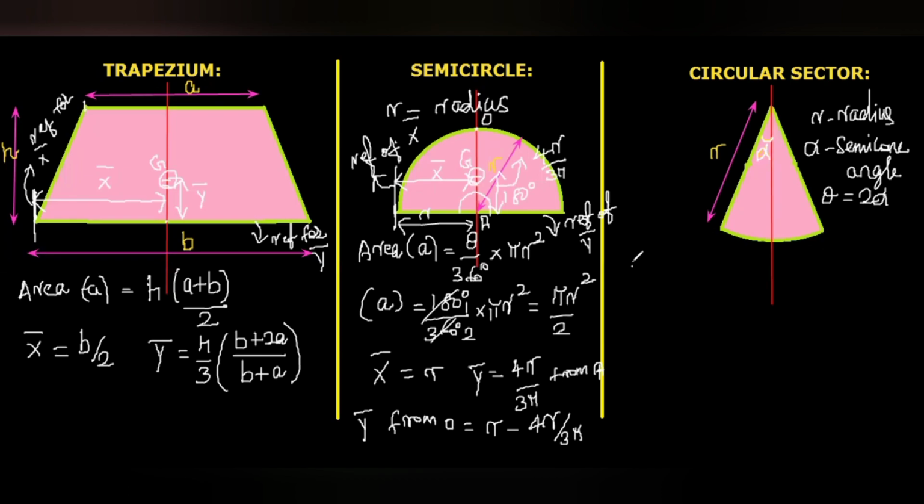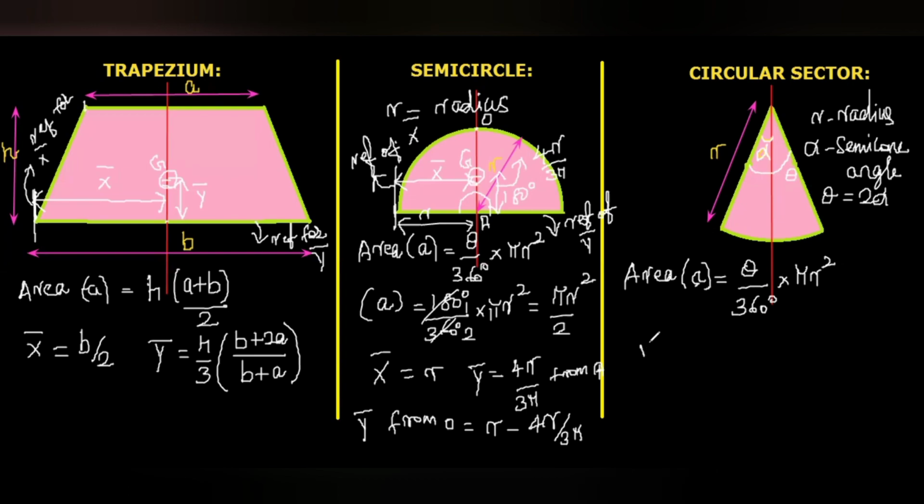The area of the circular sector, as we discussed in the previous case, is theta divided by 360 degrees multiplied with pi r square. Here the total angle theta equals 2 times alpha, which we have to substitute. For example, if it is 90 degrees, then we get one fourth, for a quadrant.